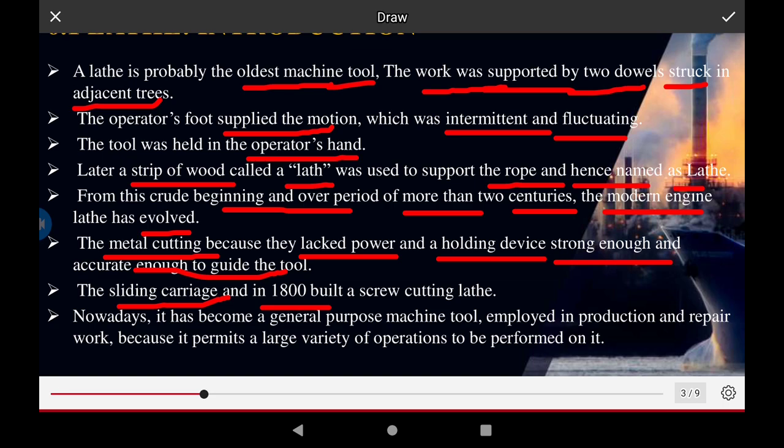Now it has become a general purpose machine tool, employed for production and repair work because it permits a large variety of operations to be performed.